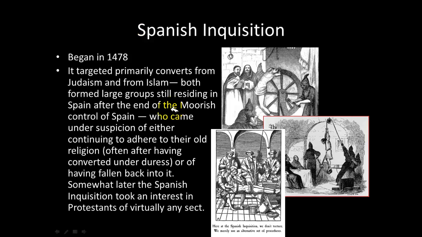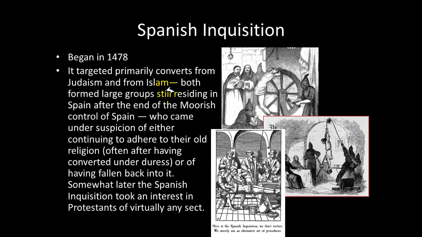So what we see is that the Inquisition means persecution, harassing, or torturing. And it basically targeted people who had converted to Christianity from Judaism and Islam in Spain, Jews and Muslims who converted to Catholicism at that time.